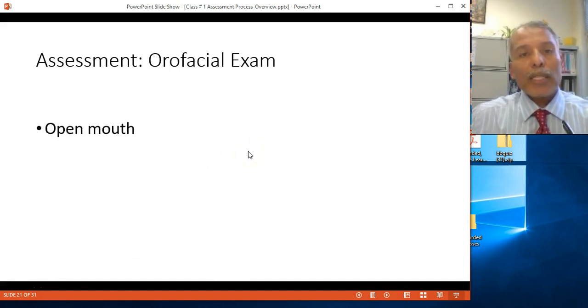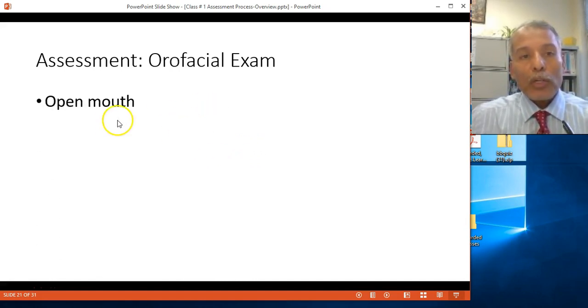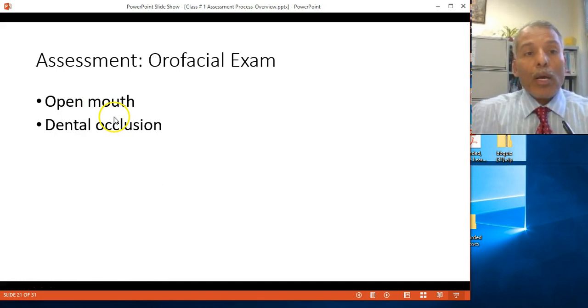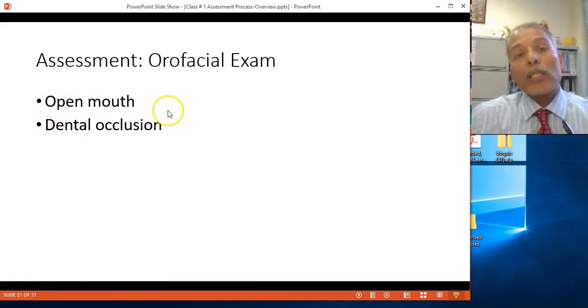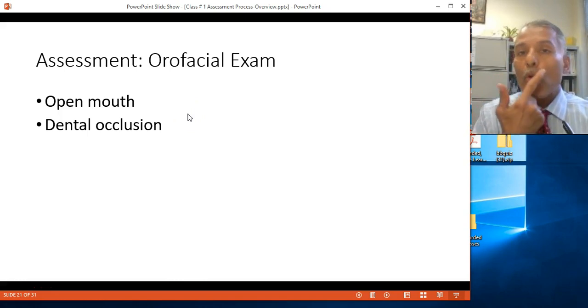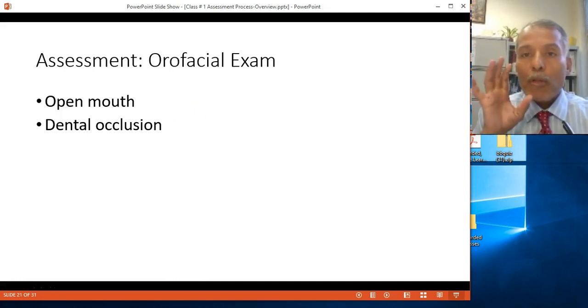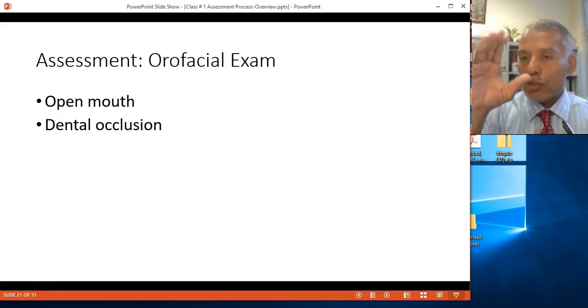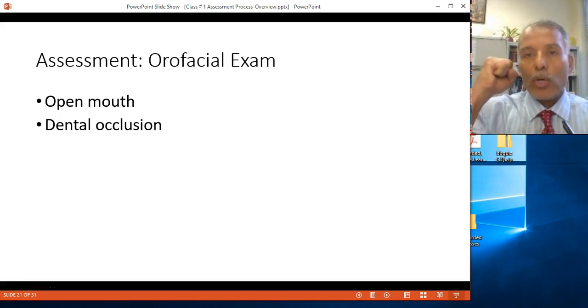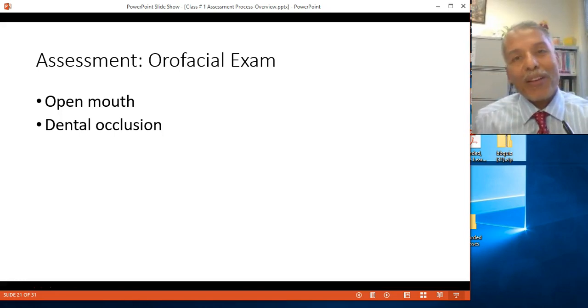Orofacial mechanism exam. First, you look at the mouth. What does it mean if you see someone breathing with their mouth open? The mouth is made to be like a purse. It's closed when it is not used. What does it mean when someone is breathing through their mouth at rest, like this?